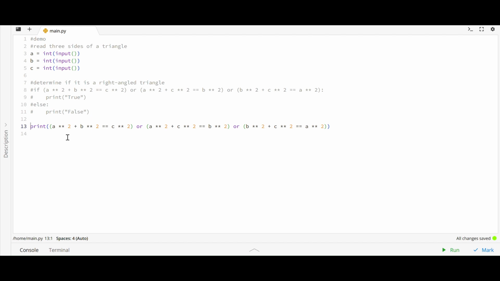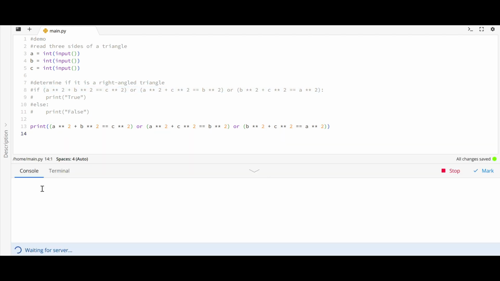Since each one of the three expressions returns a Boolean value, and we know a Boolean value is either true or false, we can just print the outcome of this expression, and we're going to get an output which is either true or false. So let's have a try.